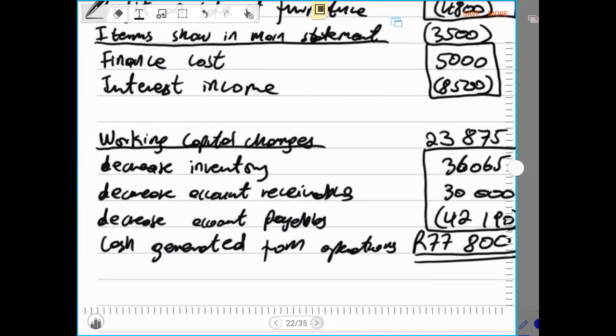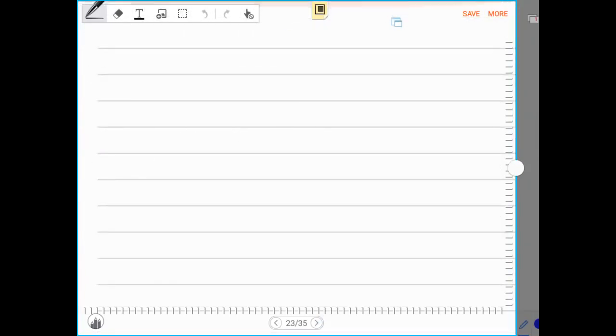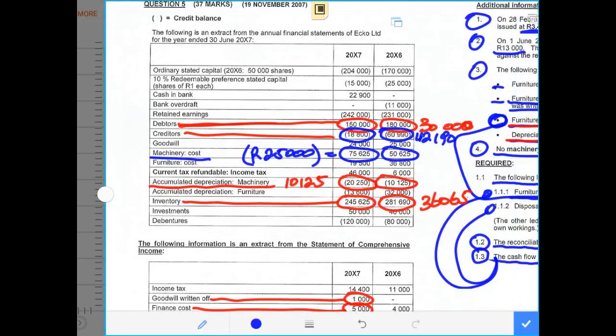Then now we go to the second requirement, which is the last requirement, cash flow. That will be requirement 1.3 of the question.